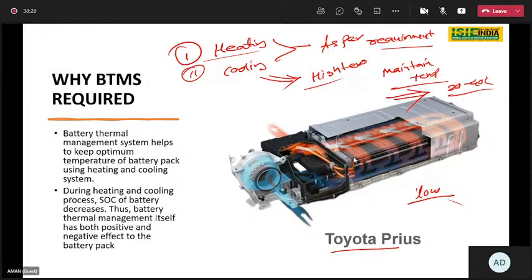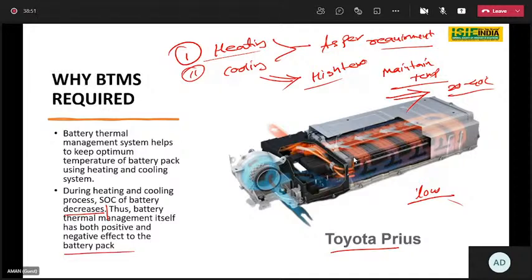Okay, moving on, during the heating and cooling process, the state of charge of the battery decreases. So if we are continuously heating or cooling, the state of charge of the battery somewhat decreases. Thus the battery thermal management system itself has both positive and negative effects on the battery pack.